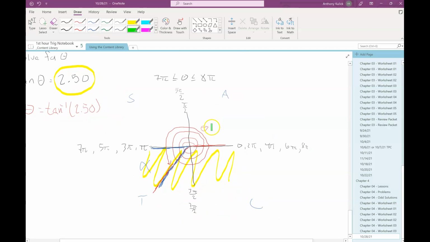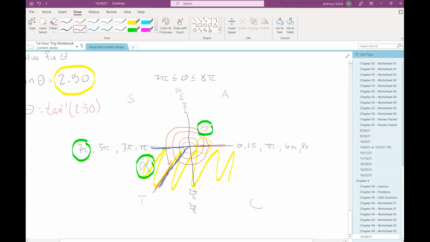And now I'm going to look to relate theta, the value on my x-axis, and alpha together. Well, let's look at what's going on here.